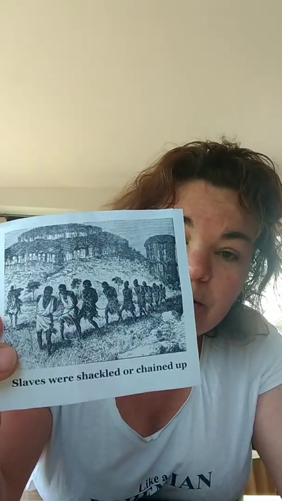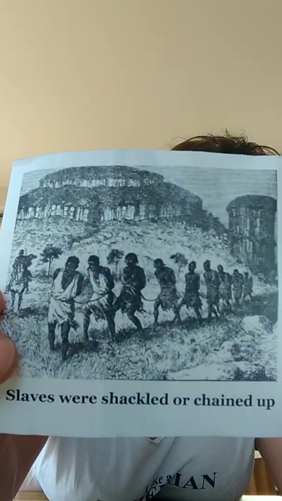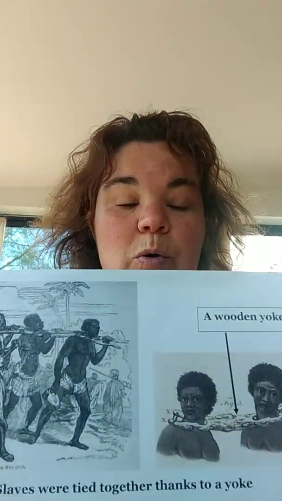So option number 1, they were chained up like this. Okay? Option number 2, they were tied together by a yoke. A yoke is a wooden stick like this, and they were attached with the neck, and they were transported like this.